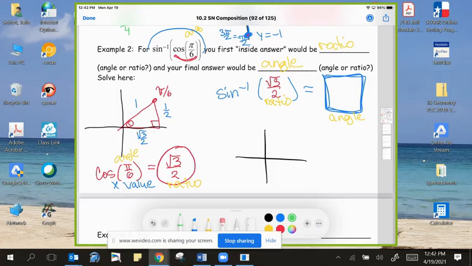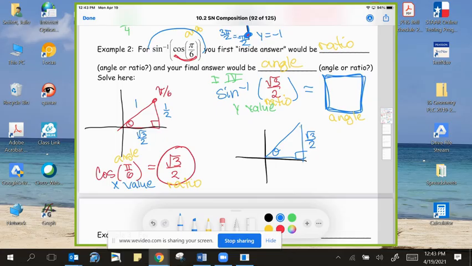Principal value for sine inverse, it's a 1 or a 4. Root 3/2, sine is the y value. So we would want the y value to be that positive root 3/2. That means it will go in quadrant 1. Yes, good. So our root 3/2 is the y value in quadrant 1.